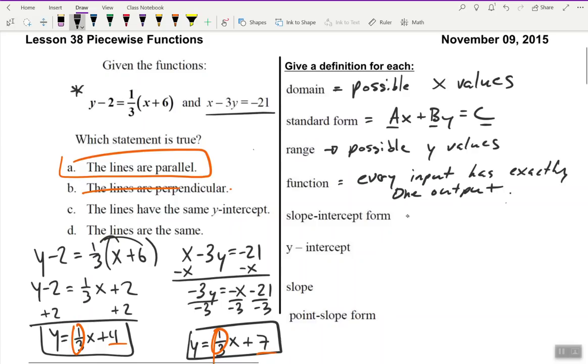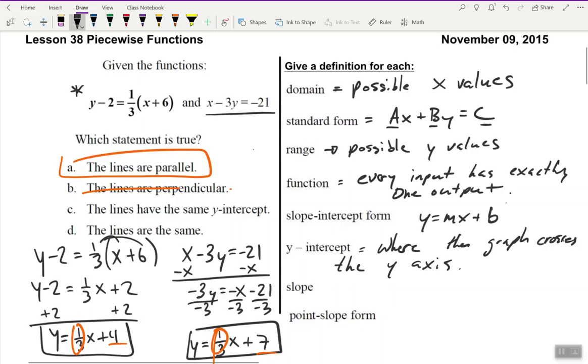Slope intercept form, y equals mx plus b. Y-intercept is where the graph crosses the y-axis.